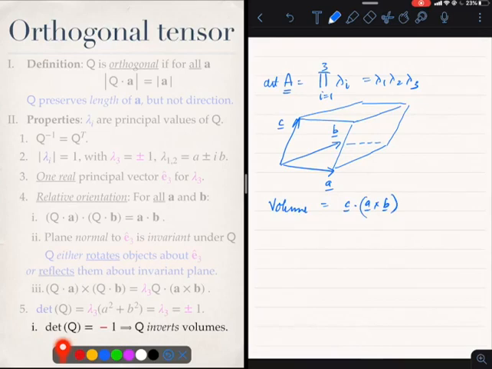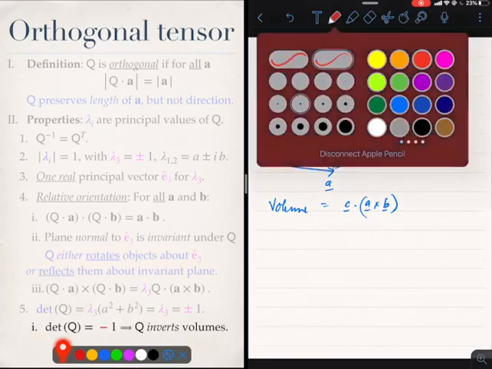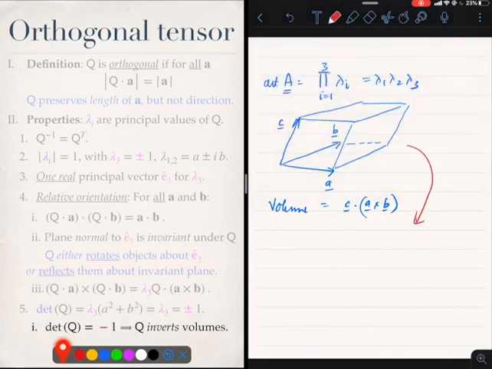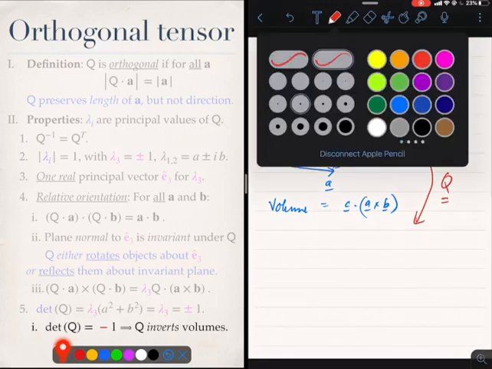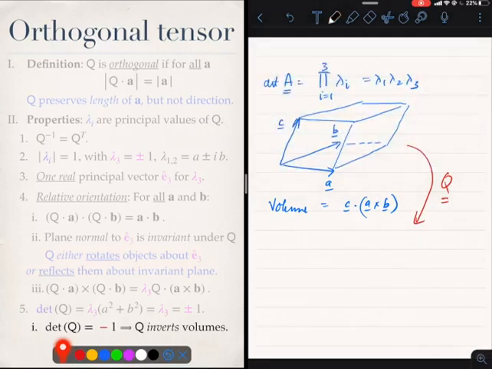Yeah, let's assume it's right. So now the question is, what happens to it when Q operates on it? Well, I will get three vectors QC, QA and QB, and the question is, what is the new volume?